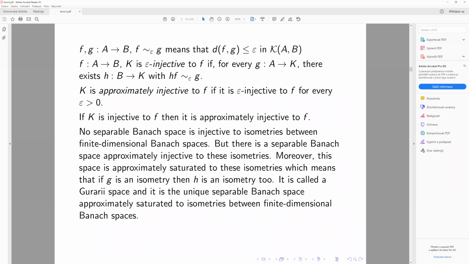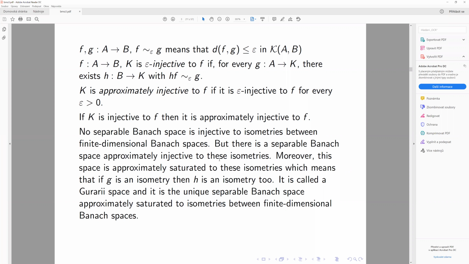So this is why one is somewhat forced or motivated to do this approximate injectivity in Banach spaces, because it behaves better. You have this nice space which is approximately injective, but you don't have a nice space which is injective. So this is a kind of motivation. Also, this terminology, approximate injectivity, came from functional analysis.